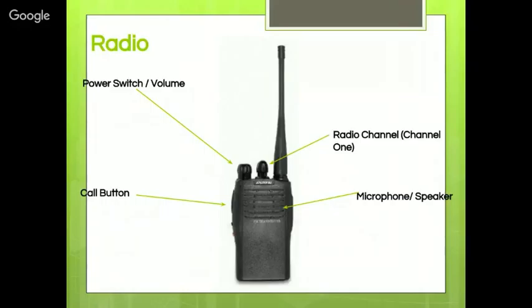You can have a better understanding of the volume that you need. The other button that's important is the call button. Now this is the button that you're going to press down and keep pressing when you're speaking on the radio, for when you're looking for the RD on duty or if you're looking for dispatch. Now, important to note, when you're using the call button, you're going to want to hold this down for a few seconds prior to speaking.